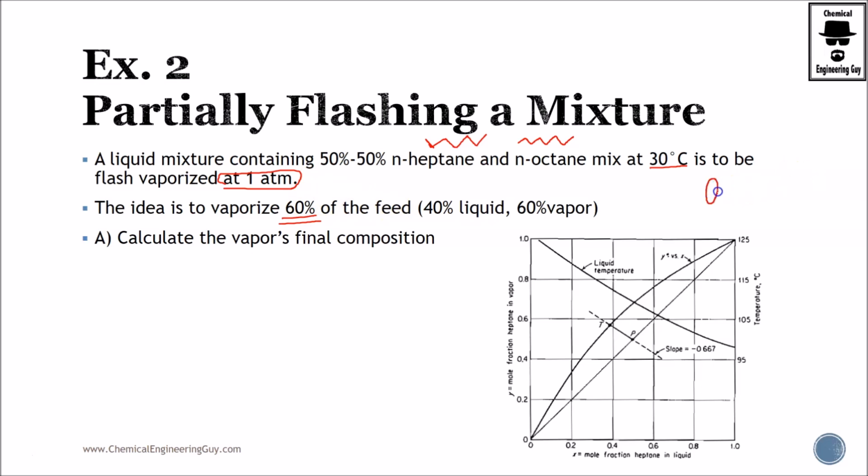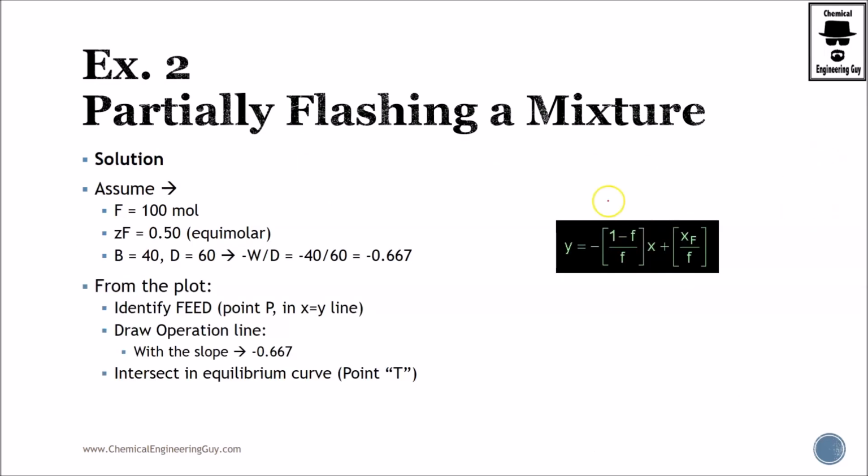So if we were to assume a molar basis of 100, then we will have 60 moles in the distillate, and in the liquid we will have 40. And of course we are not paying that much attention to the compositions right now. Right now we only know that XF equals 0.5. We want to calculate the vapor's final composition, which will be this one right here.